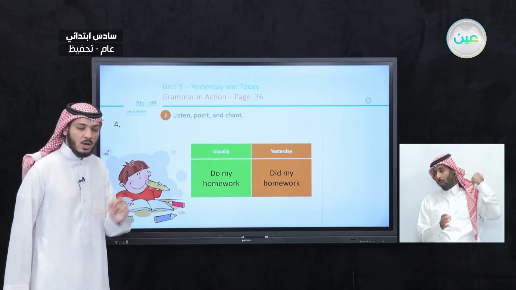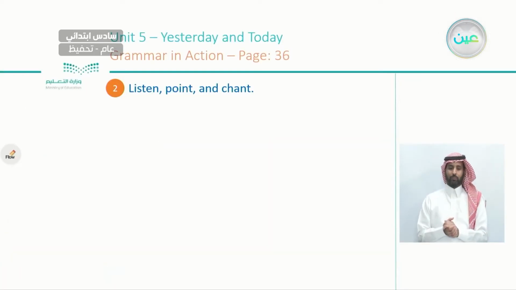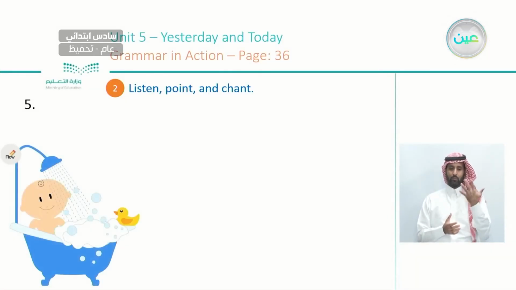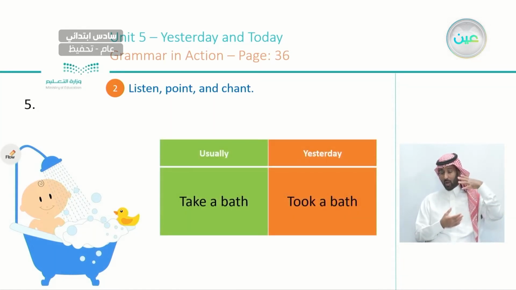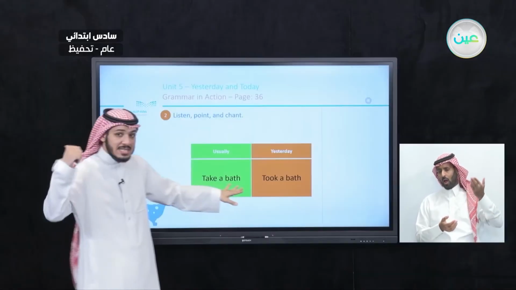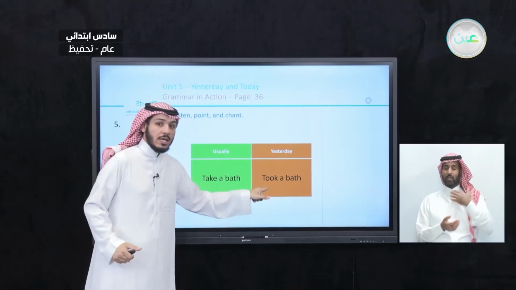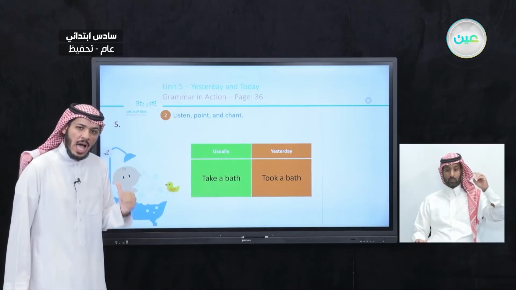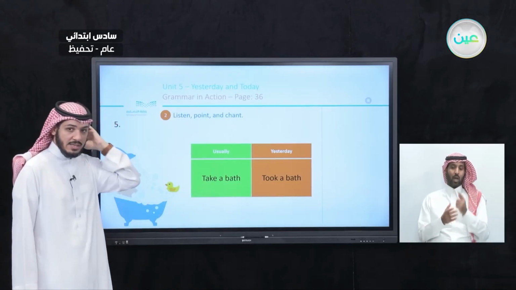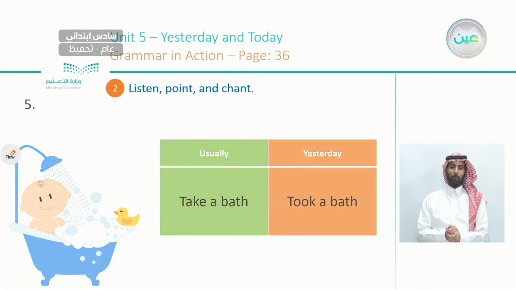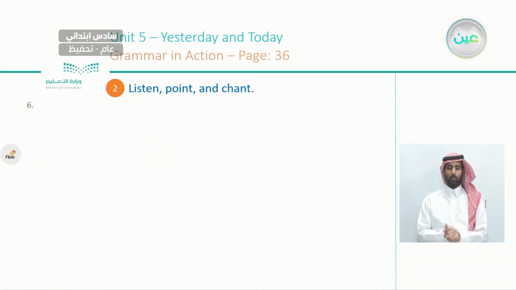Did my homework. Number 5, we have this baby and I take a bath, but yesterday I took a bath. I took a bath the day before yesterday. After that we have number 6.